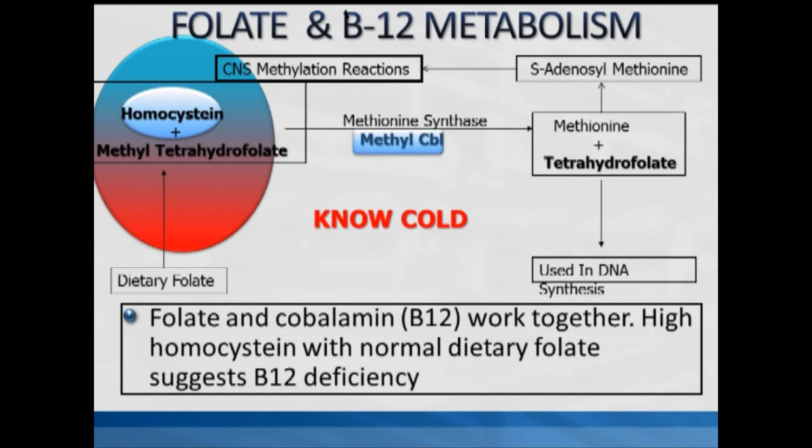But in a food supply that has folic acid fortification, and folic acid is already active, B12 is no longer necessary to activate it. Consequently, what we see is less megaloblastosis taking place, or fewer large red blood cells.